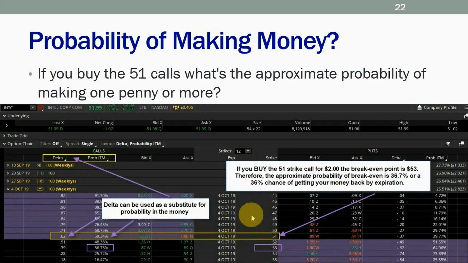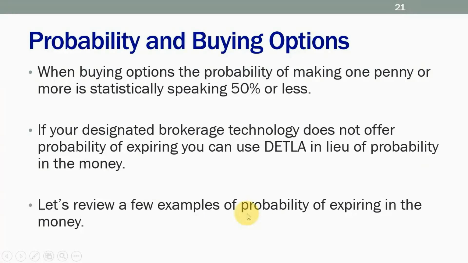So a 51 call gives you the right to buy the stock at what? Okay, if you go out and buy a 51 call, it gives you the right to buy the stock at 51. But the stock right now is trading, for example, at 52. Okay, this option's already in the money. But what's really difficult for people to comprehend when you're looking at probabilities, okay?